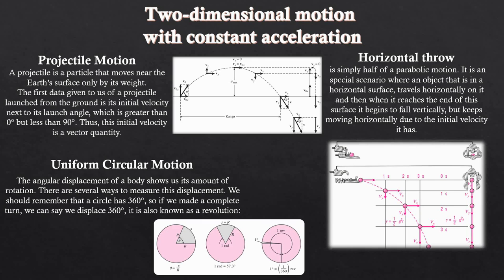And last, we have the uniform circular motion, where the angular displacement of a body shows us its amount of rotation. Basically, any 360 degrees turn is known as a revolution.